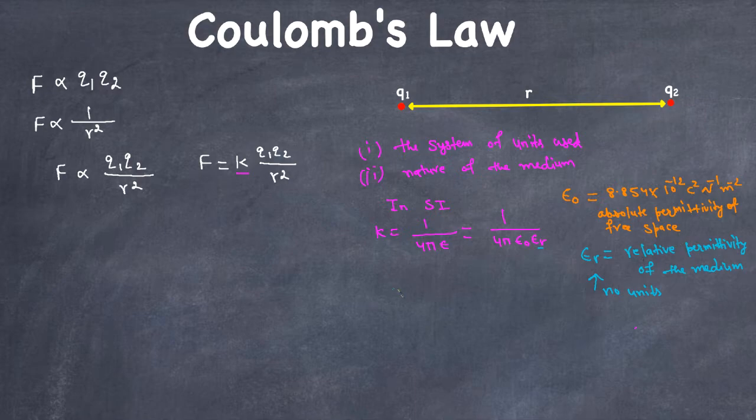So in the SI unit system, the Coulomb force or the electrostatic force by Coulomb's law can be written as 1 over 4 pi epsilon naught epsilon r into q1 q2 over r square.